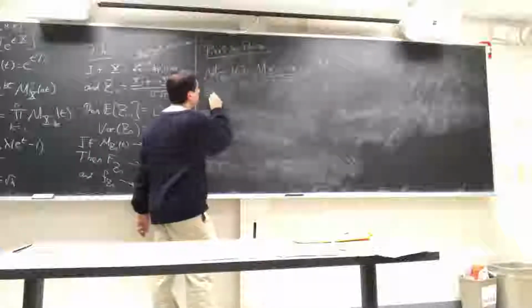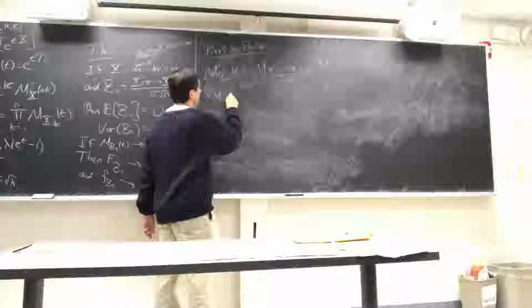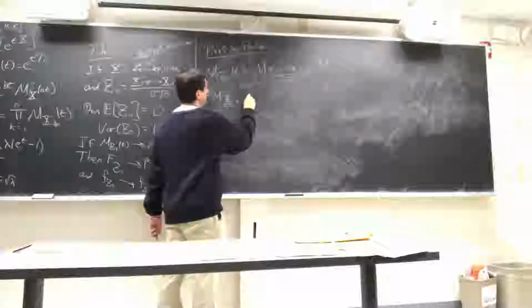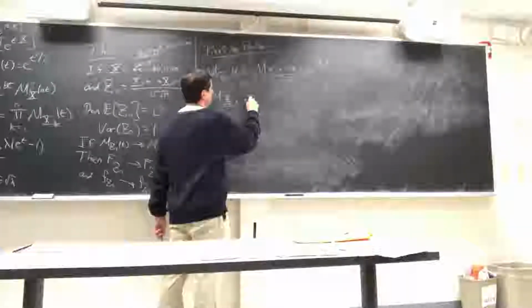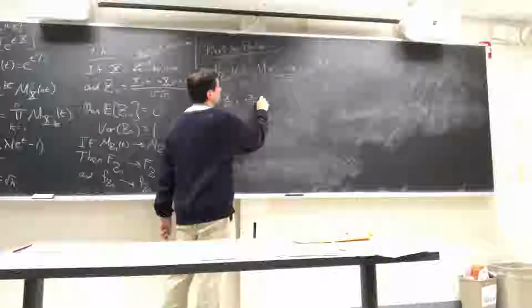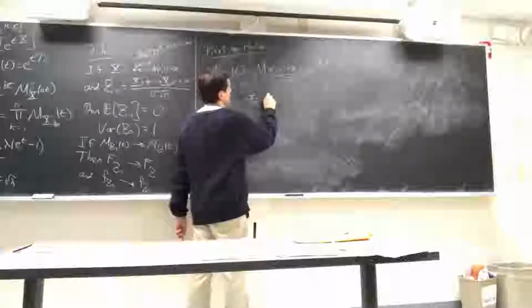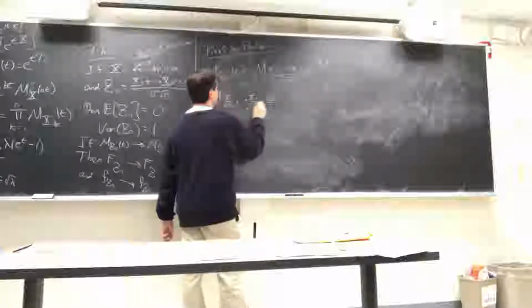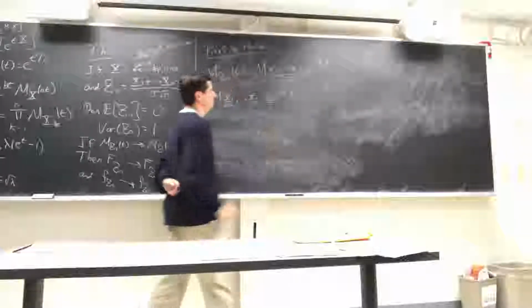I'll write this really slowly as the moment generating function of X1 over sigma square root of n plus ... plus Xn over sigma square root of n, minus square root of n mu over sigma, times t.